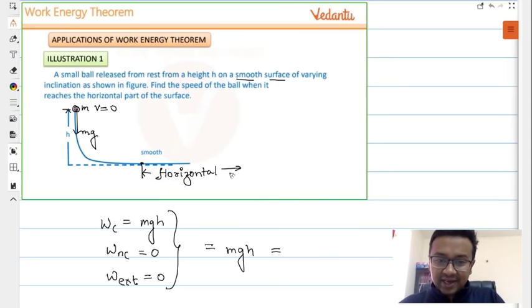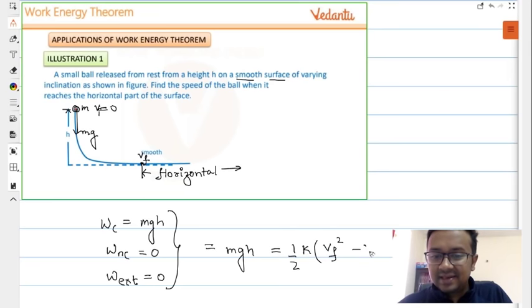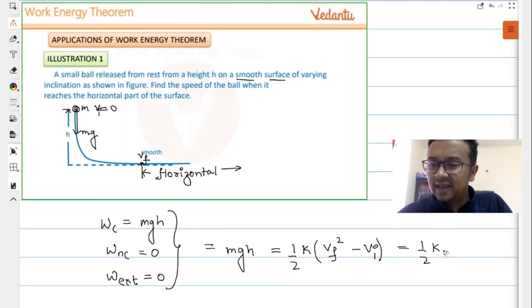So the change in kinetic energy, if I consider the velocity out here as V final, and let's say this was my V initial, then my dear students, that is half m V final square minus V initial square, which is nothing but half m V final whole square.